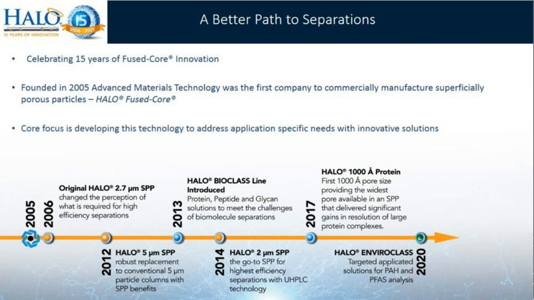Most recently, we've specialized this technology particularly for the expanding needs in environmental analysis. So we didn't sleep last year during our lockdown. We were quite busy bringing products to market for that need.